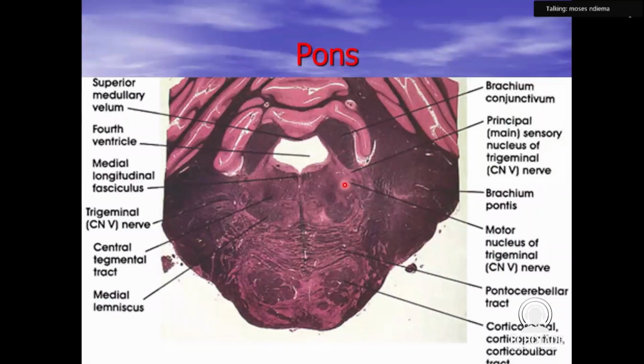So we have the motor nucleus of the trigeminal nerve, sensory nucleus of the trigeminal nerve, and so on. So the pons is a very important bridge for fiber tracts connecting the various parts of the brain, but also containing the pontine nucleus.